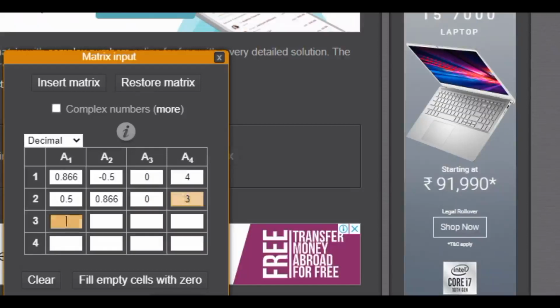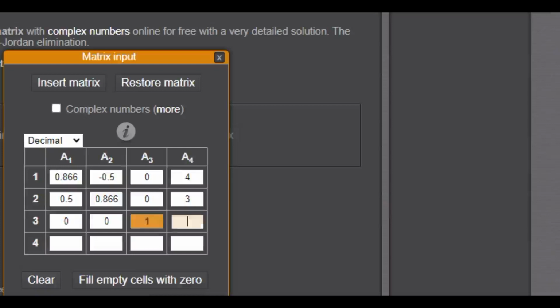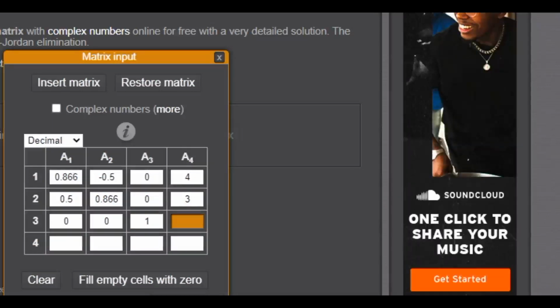If I am wrong, then please tell me, because I am not able to see the question, but it is 0 since the rotation is about the z axis, and that's why it is 1. And there is no translation along z axis, so it is 0.